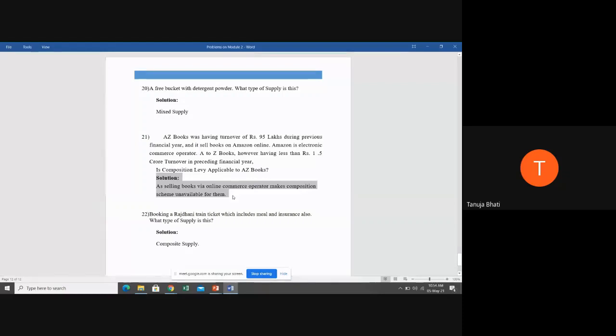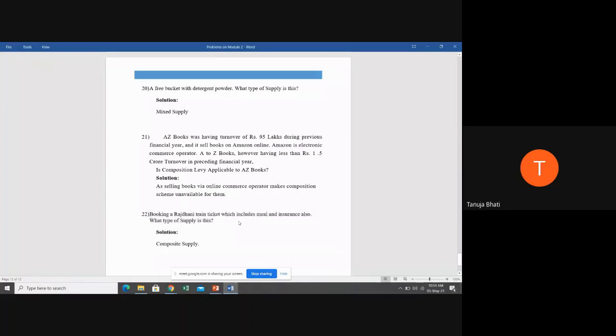Next, booking a Rajdhani train ticket which includes meals and insurance also. What type of supply is this? Suppose you're taking a train ticket which has meals in it, and travel insurance covered in it. There are three supplies in this: train ticket, meals, and insurance.